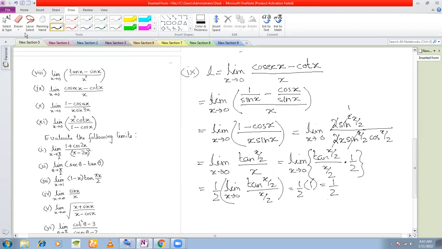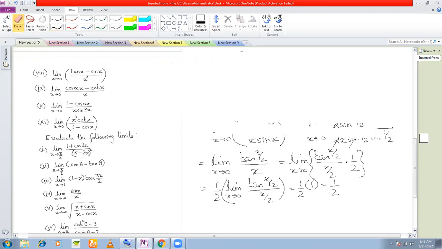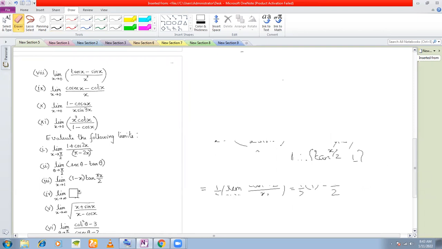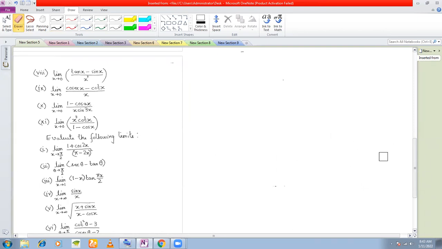Last problem for today. Number 10. Given limit here is limit x tends to 0, 1 minus cos ax divided by x sine 3x.